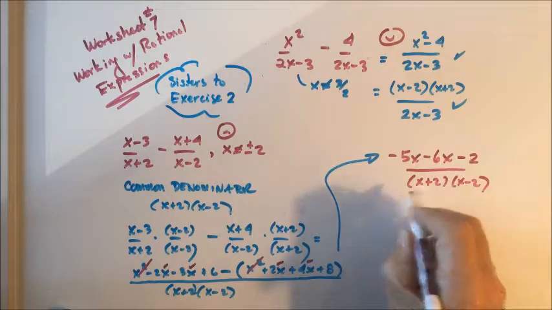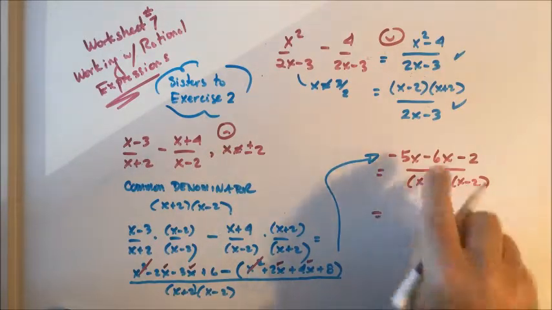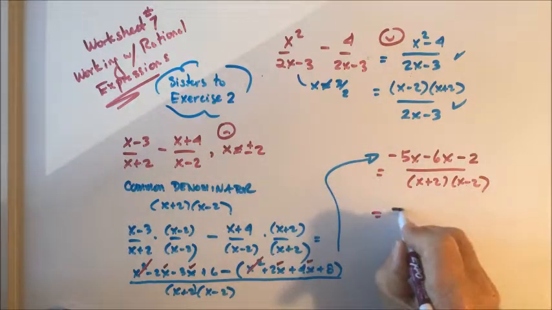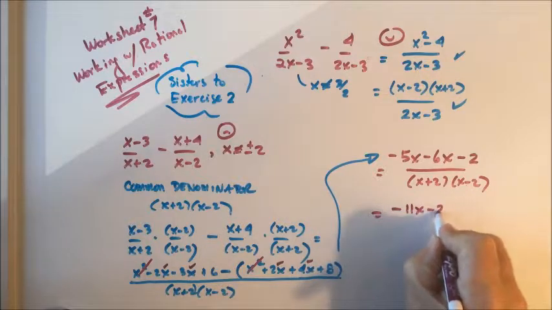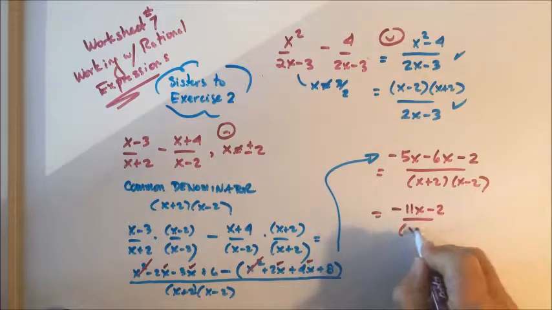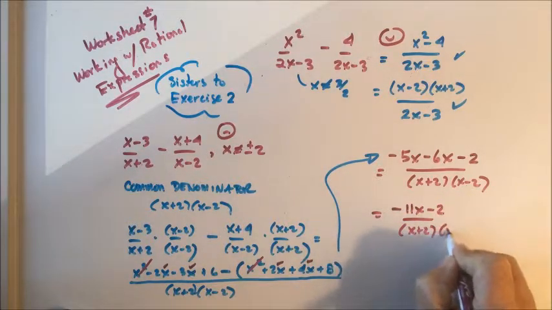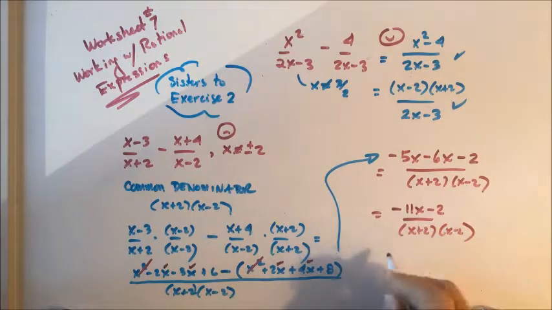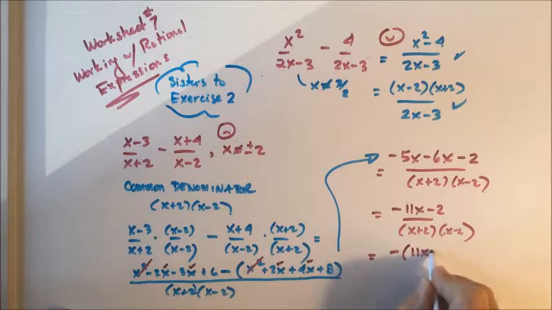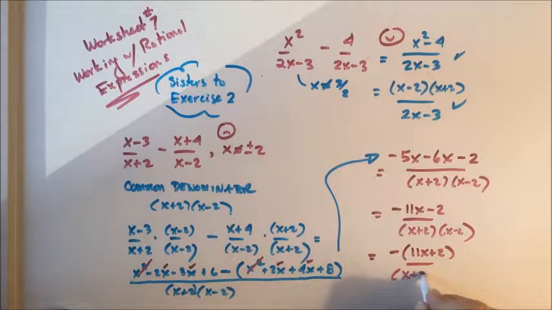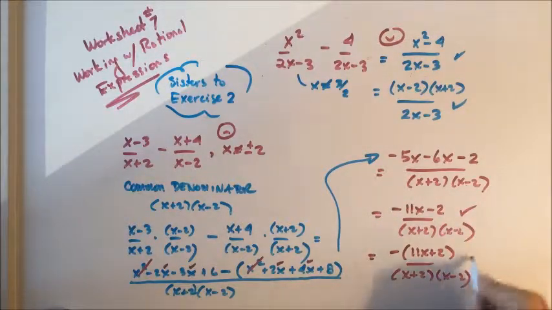And in the last step, I've got minus 5x minus 6x, which is minus 11x, minus 2, all over x plus 2 times x minus 2. And for no particular reason, I would write that like this. But again, this is a perfectly good answer. And so is this.